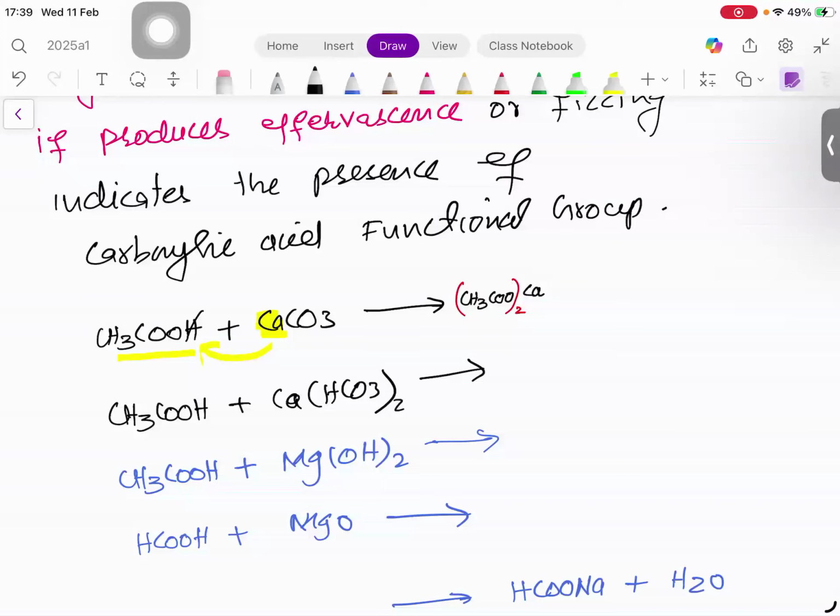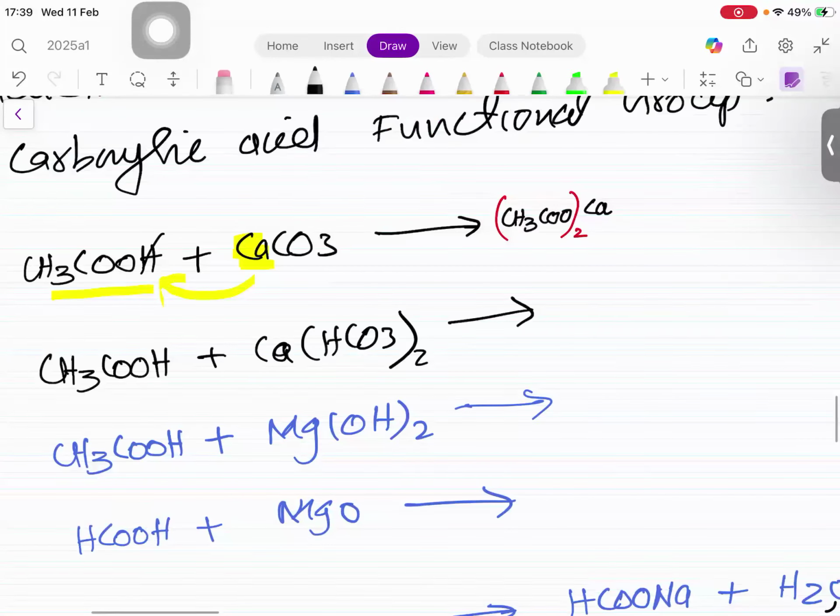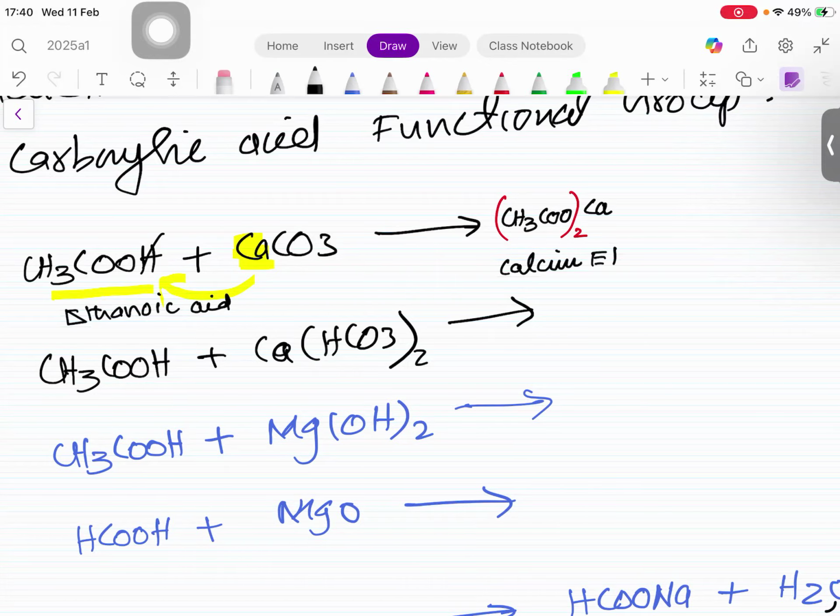So what is the name of this compound if the acid name is ethanoic acid? Ethanoic turns into ethanoate, and the salt name is calcium ethanoate. This is the salt that is formed, known as calcium ethanoate. Please write it down.